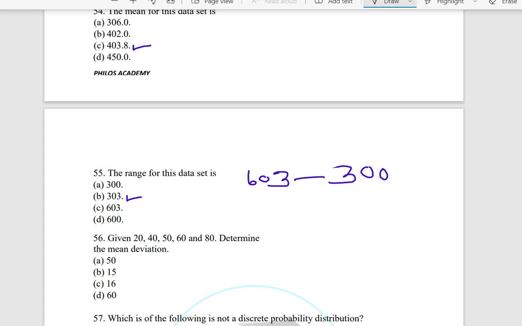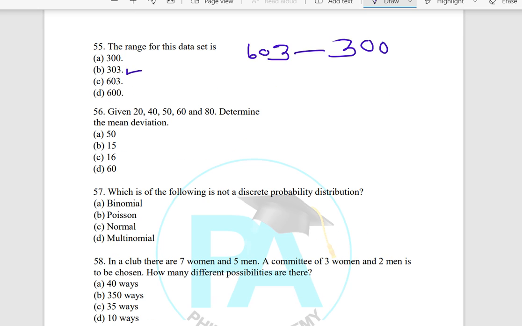Let's proceed to question 56. It says, given 20, 40, 50, 60, and 80, determine the mean deviation.